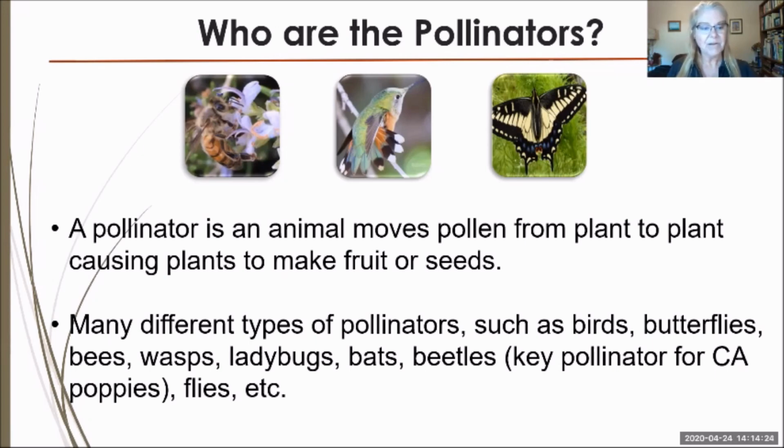Beetles are actually a key pollinator for California poppies. And some other ones people don't even realize, like flies. I mean, they actually help in the pollinating process too. So we're going to look at some details on some of the pollinators, like lifespan, their plant and flower preferences, habitat, etc. But before we do that, let's take a quick look at the human impact on these guys.